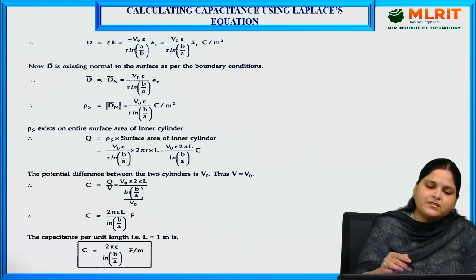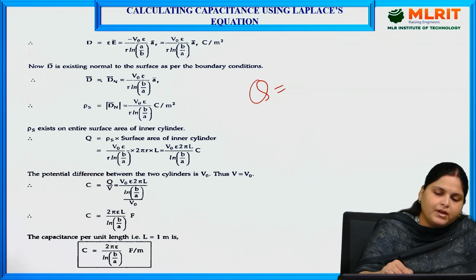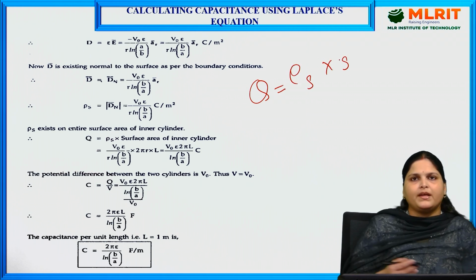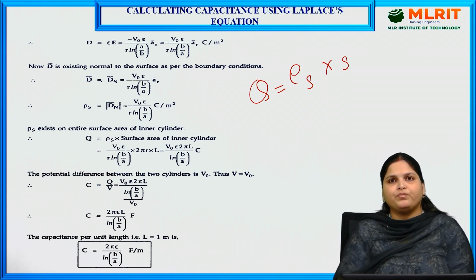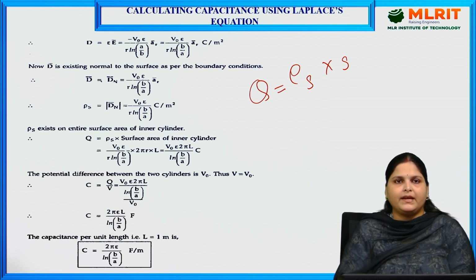After getting ρs, we can find Q, and the formula is Q = ρs times S. So the total charge present on the surface equals charge density times the area of the surface, right?